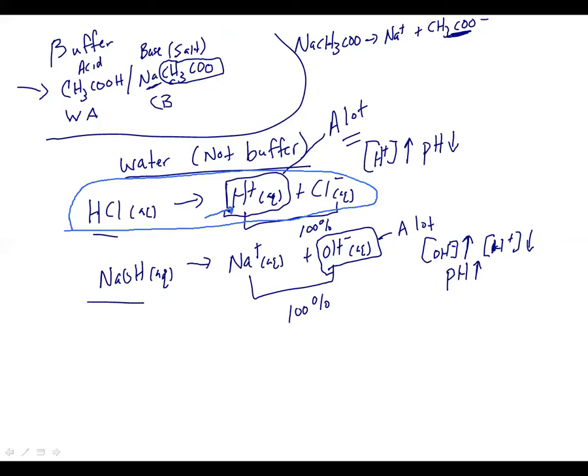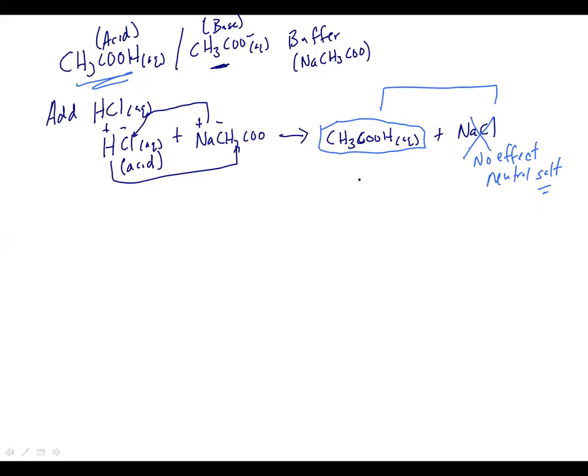And if you look at what happens when you react it with the buffer, we do not produce any free H pluses. And because we didn't produce any more free H plus, the concentration of H plus remains relatively constant.